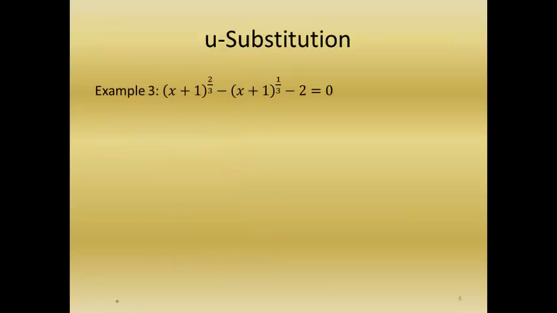Alright, our third example is another u substitution, but this time I'm substituting not just an x, but I'm using this quantity of x plus 1. So here's the key. The coefficient on this is a 1. The coefficient on this is a 1, as in on the outside of the parentheses.